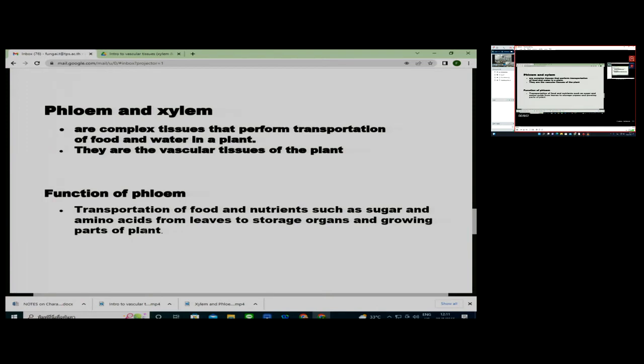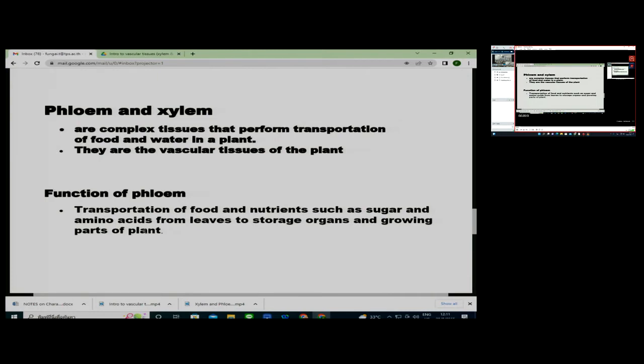So the function of the phloem is to take the food that is produced in the leaves through the process of photosynthesis.